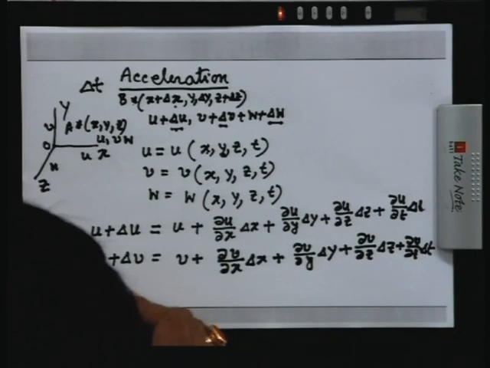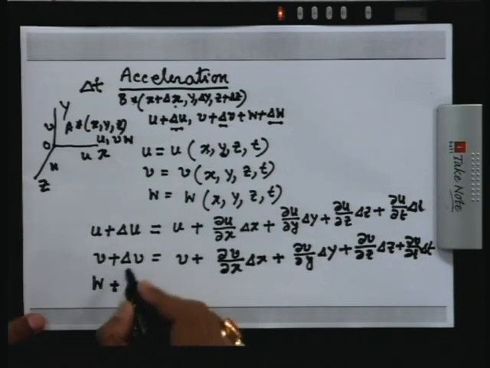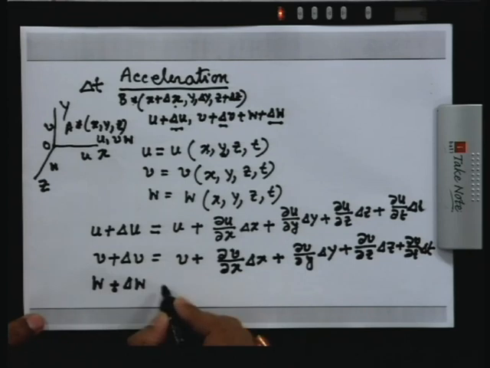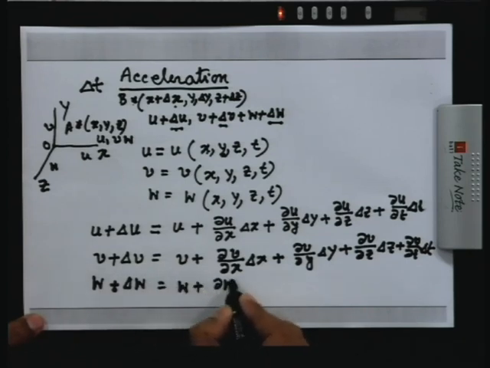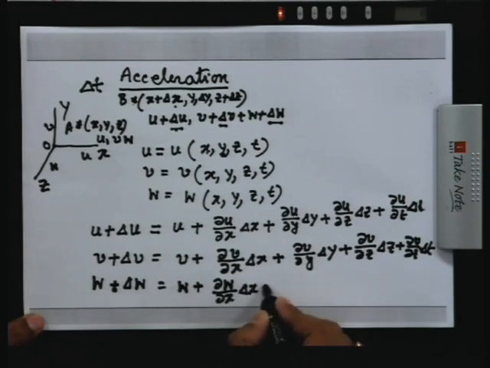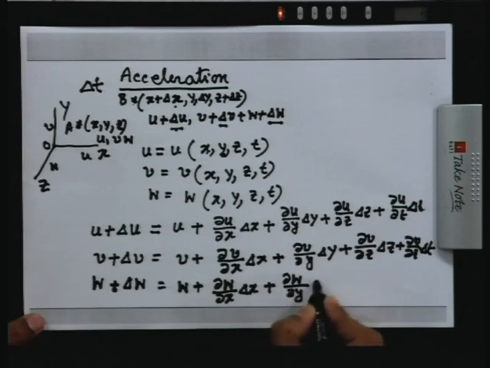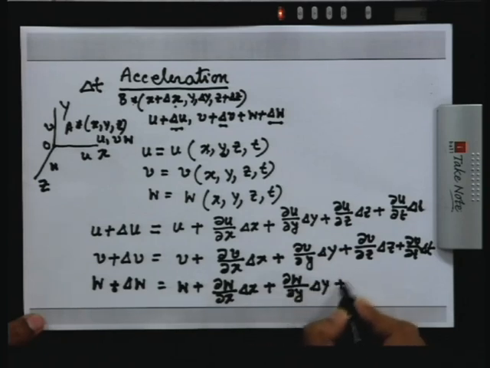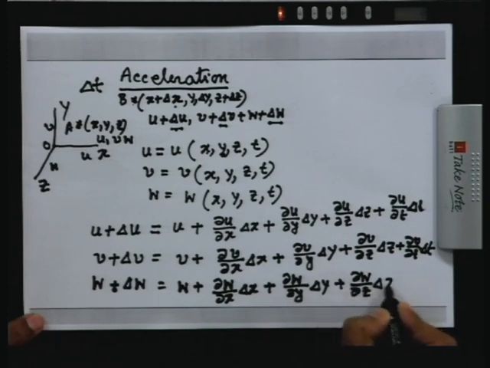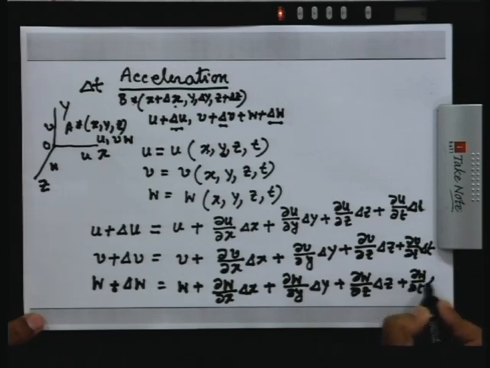Similarly, w plus delta w is w plus del w del x into del x, plus del w del y into del y, plus del w del z into del z, plus del w del t into delta t.